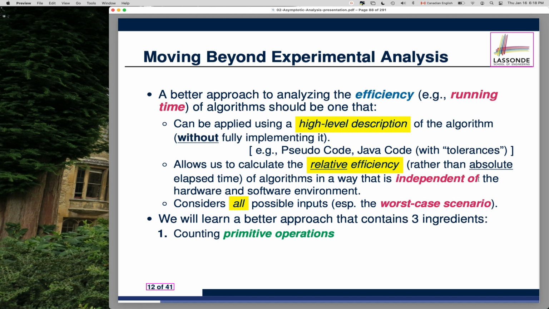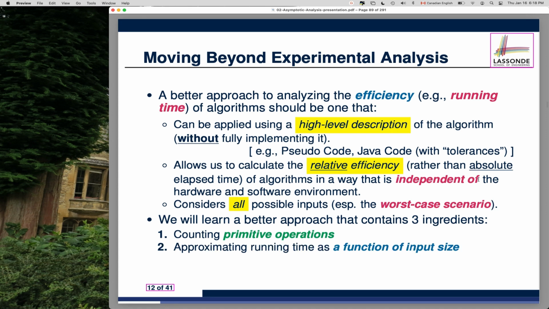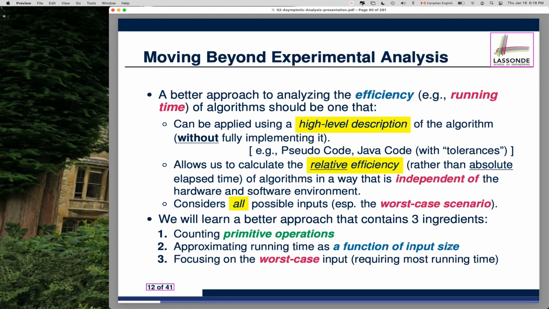And when I say counting, I really mean counting precisely, all right? You've got to be precise. And then next time, Tuesday, I'm going to talk about how we can generalize the primitive operation count into some mathematical function. That's what we'll do. And then we talk about worst case, especially big O. So today we're going to mainly just focus on number 1.